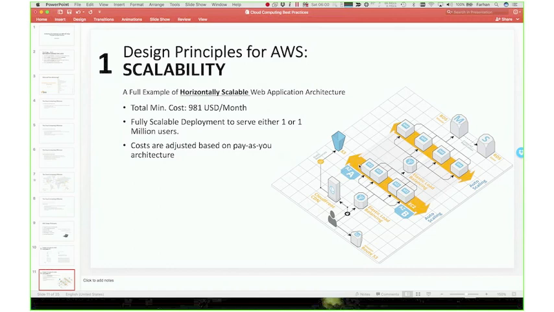Now, the application layer can be defined in the same way, or it can be completely serverless as well. We'll discuss that in a little bit. Now, when we come to the database, currently the database technology is not mature enough to do that kind of scaling, other than NoSQL databases.